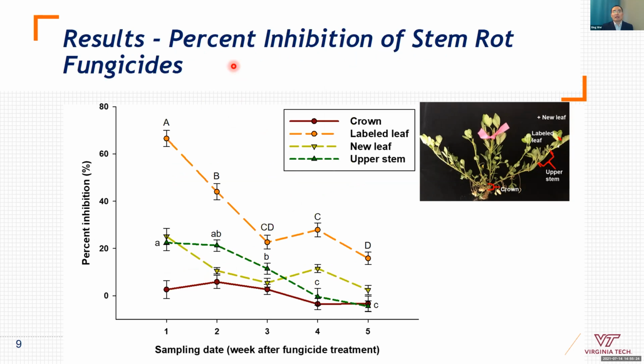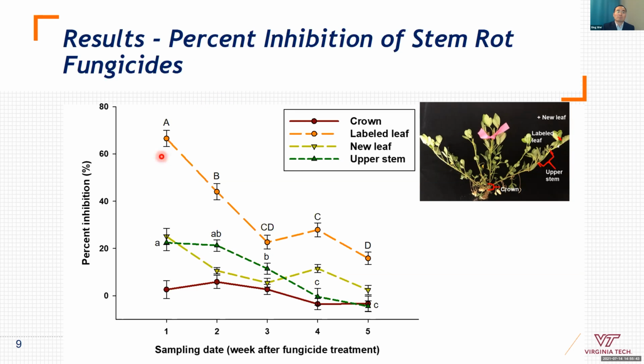Then we analyzed the percentage inhibition of all the fungicides together. We did this because we didn't find any significant interaction between the fungicide and sampling date for 3 out of 4 tissue types, so we analyzed the main factors first.